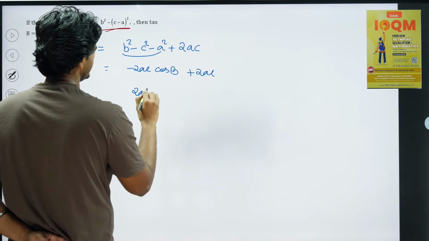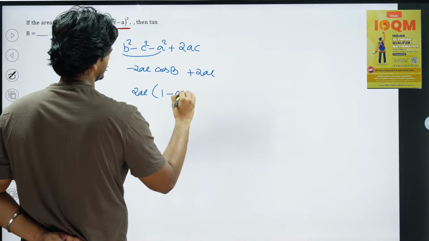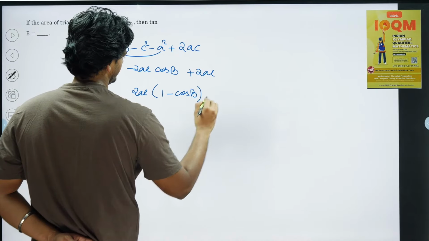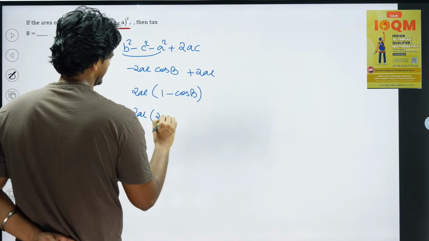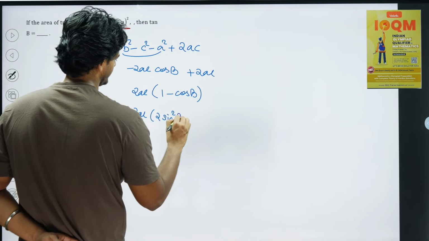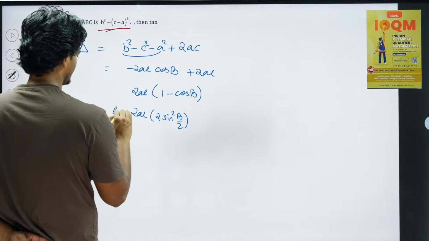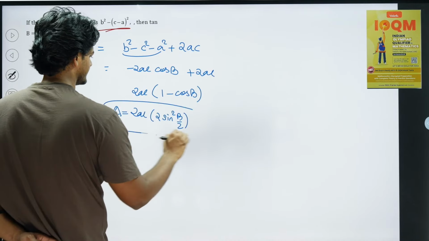So we have 2AC times 1 minus cos B, which is 2AC times 2 sin square B by 2. So the area of the triangle is this.